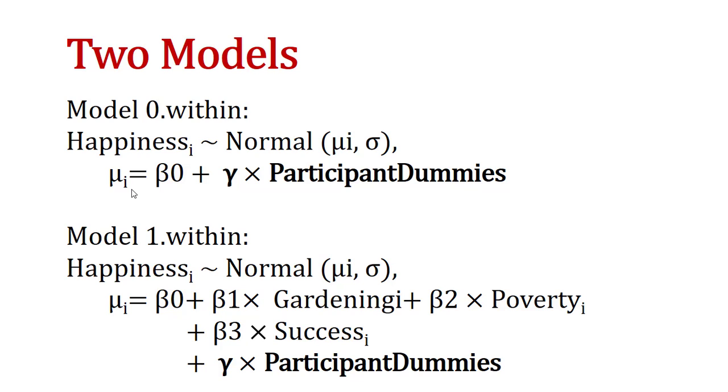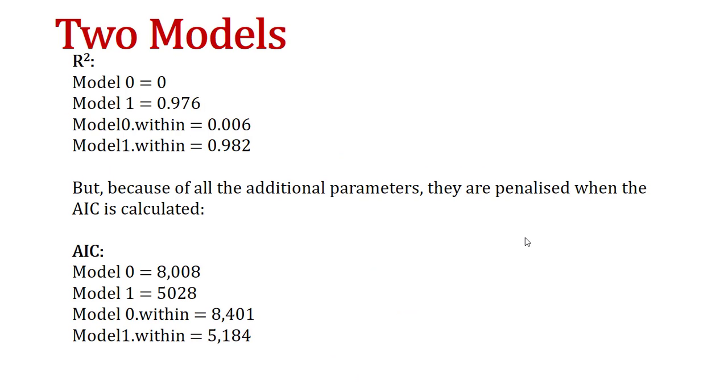We determine for each value how likely it is in a normal distribution with the predicted mu, and then we multiply all the likelihoods, or rather we add all the log likelihoods, and we come up with the log likelihood for the model, and then a deviance and an AIC.